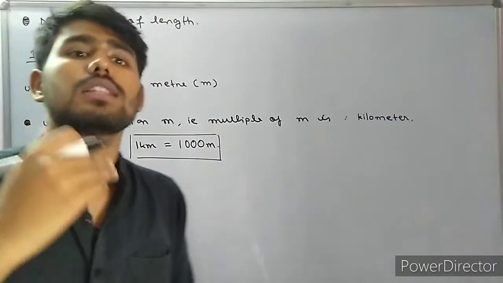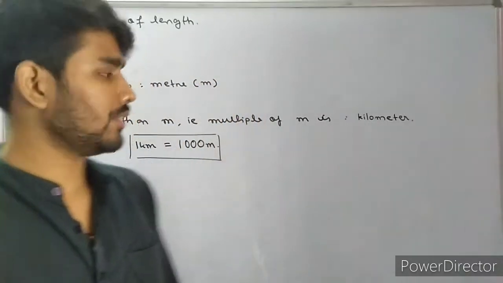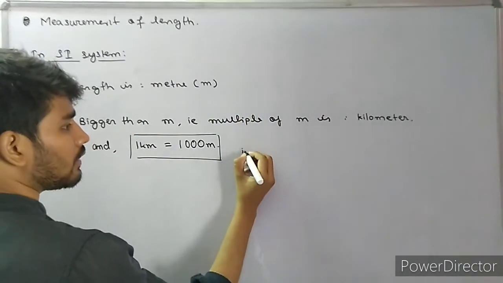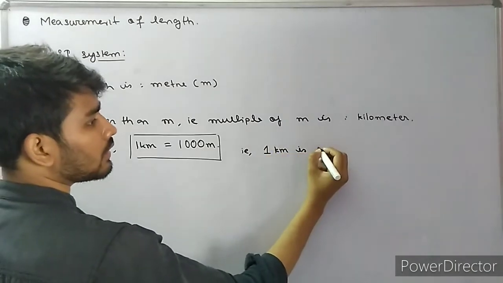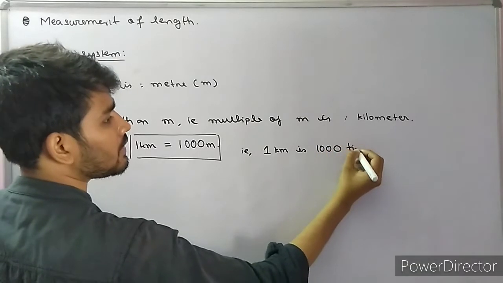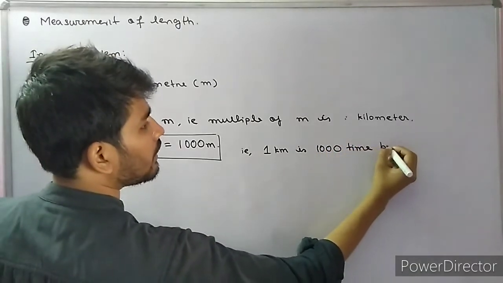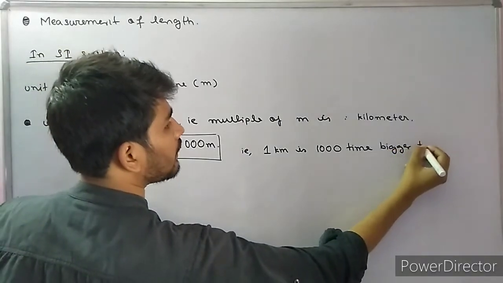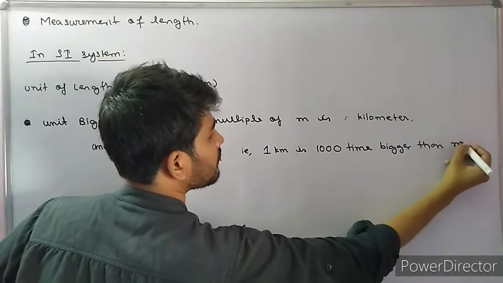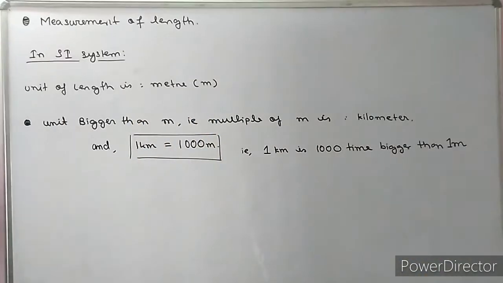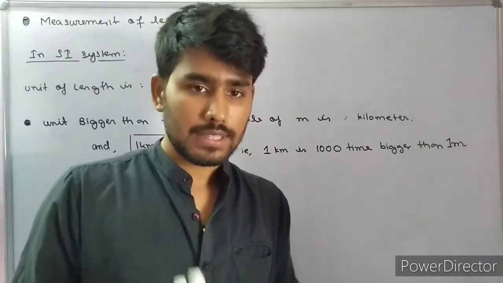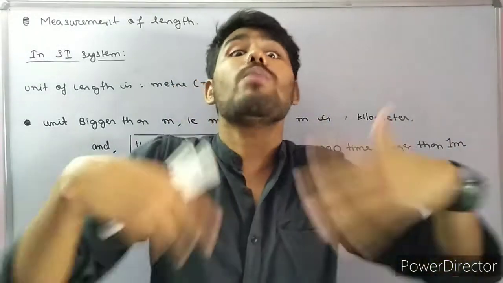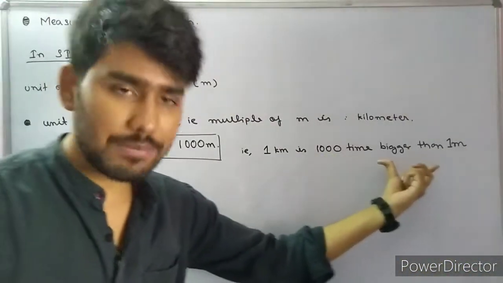How much bigger? 1000 times bigger. That is, 1 kilometer is 1000 times bigger than 1 meter. Is this line clear or not? 1 kilometer is equal to 1000 meter. That is, kilometer is a bigger unit. How much bigger? 1000 times bigger.